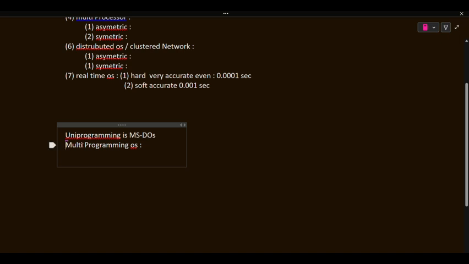Now, in the case of multi-programming operating system, main memory can hold multiple programs at a time.